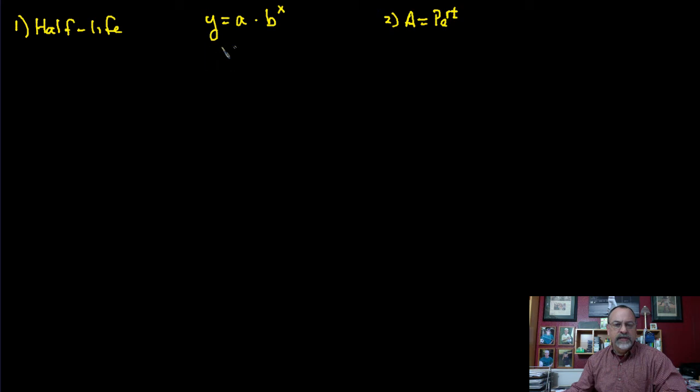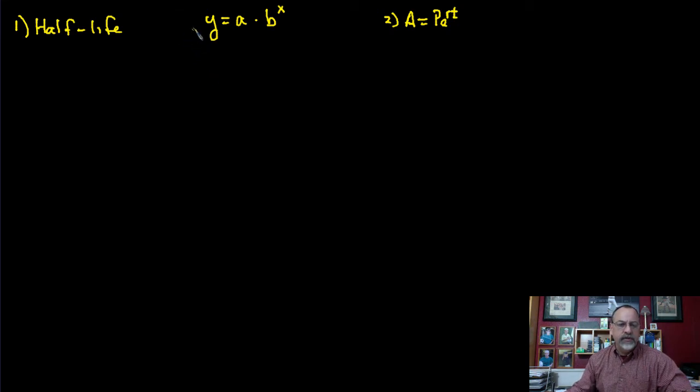Now, it is an exponential function, so you remember from our discussions earlier that a is the initial amount, b is the growth or decay factor, x is the time that has passed since the initial amount, and y would be what we have after that time has passed. The half-life is simply an application of this, but with one little twist, and it's not really that big a deal.